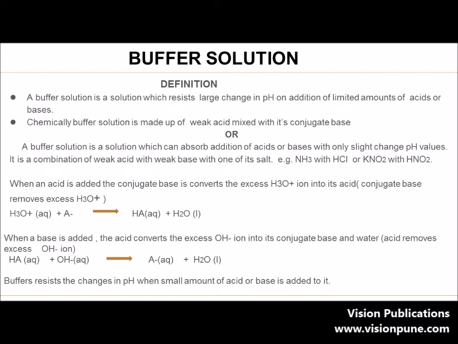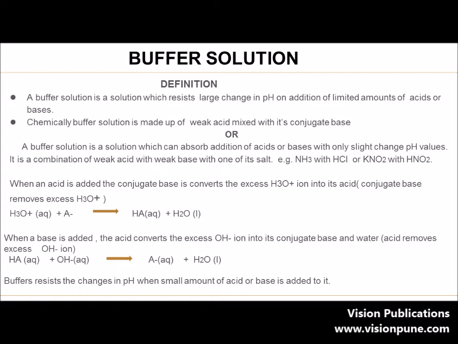So the buffer solutions are prepared by adding either a weak acid with its conjugate base or a weak base with its conjugate acid. Now, what is a conjugate base? A conjugate base is that base which removes hydronium ions.